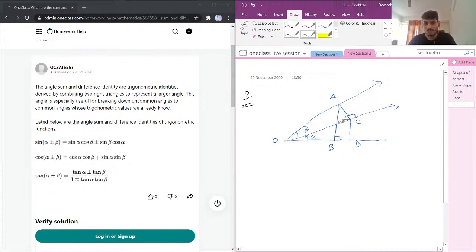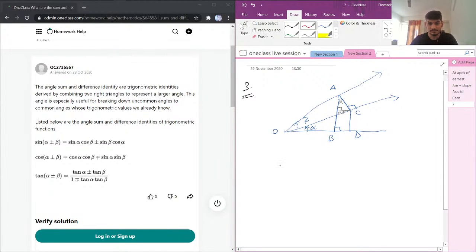And if this whole angle was 90 degree and this is alpha, so this will be 90 minus alpha, and if this is 90 minus alpha, this is again 90 degree, so 90 minus alpha plus 90 equals 180, so this angle will also be alpha.